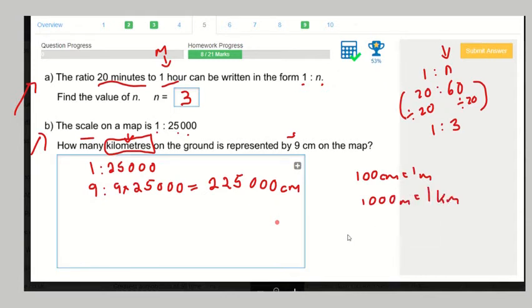So therefore we can work out that there are 100,000 centimetres in 1 kilometre. So we have 225,000 centimetres, which is 2.25 kilometres. And that's the end of the question. Hopefully you understood that.